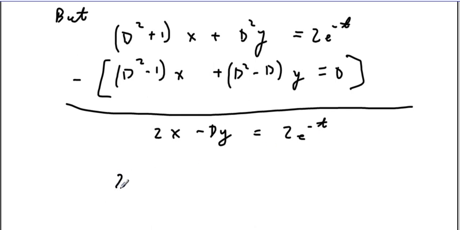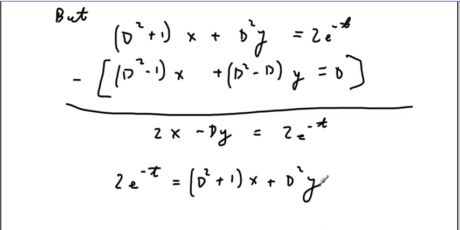Unfortunately, 2e to the minus t has to be D squared plus 1 x plus D squared y. And those two are not the same. Therefore, there's no solution.